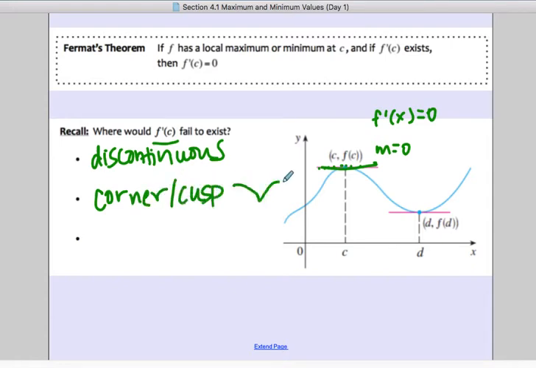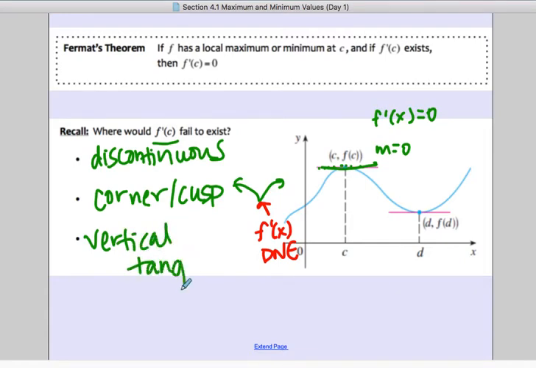Okay, so something that looks like this. Their derivative does not exist here. And then the last one, you guys forget about a little bit, but it's your vertical tangent. So if I have a curve that kind of looks like this, oh, this isn't very good. Right here, I would have a vertical tangent. So that's where my derivative does not exist.